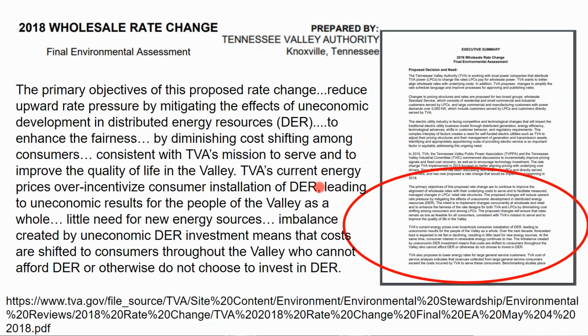Now, keep in mind, the TVA says the cooperatives only need to buy back the solar outflow at 2.5 cents a kilowatt hour, and that they're entitled to charge additional fees onto that solar customer. And even so, they say that is over incentivizing consumer-owned solar because they don't need new energy projects in the TVA region.